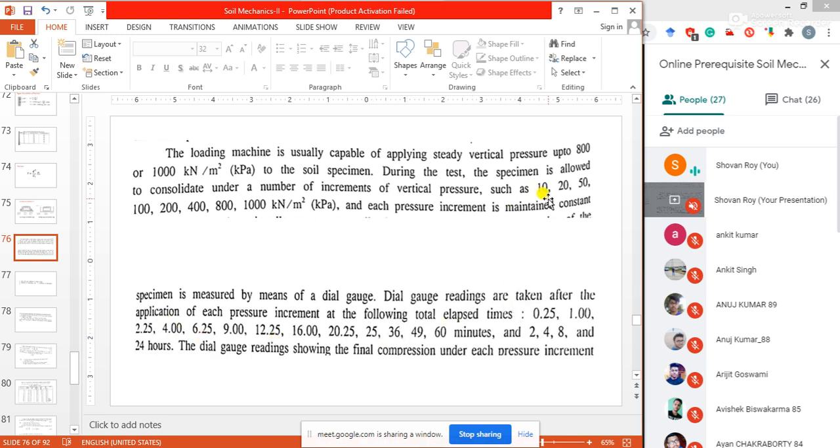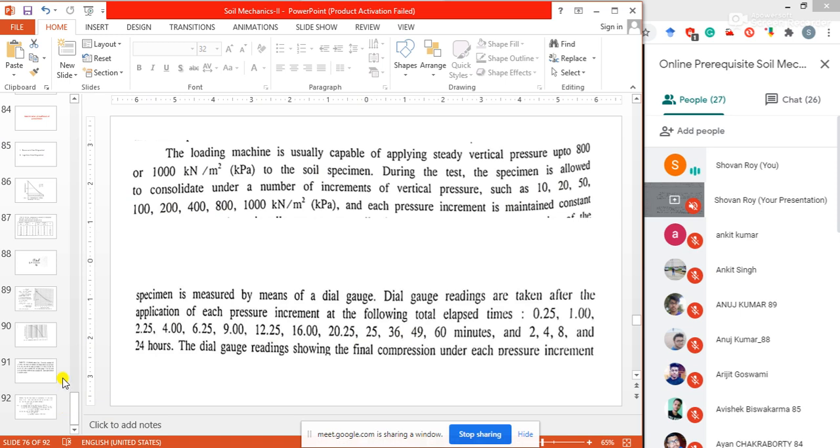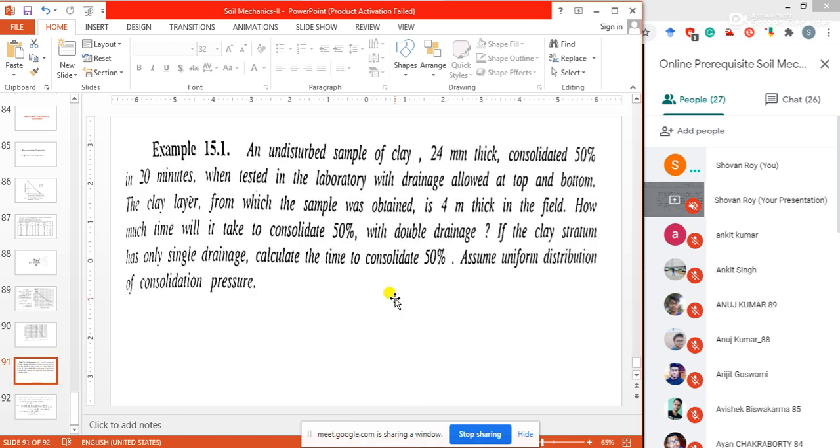Suppose first load is 10, then 20, then 50, then 100, 200, 400, 800. So the load is uniform. That type of problem you may get. This is a very simple type of question normally asked in your examinations.